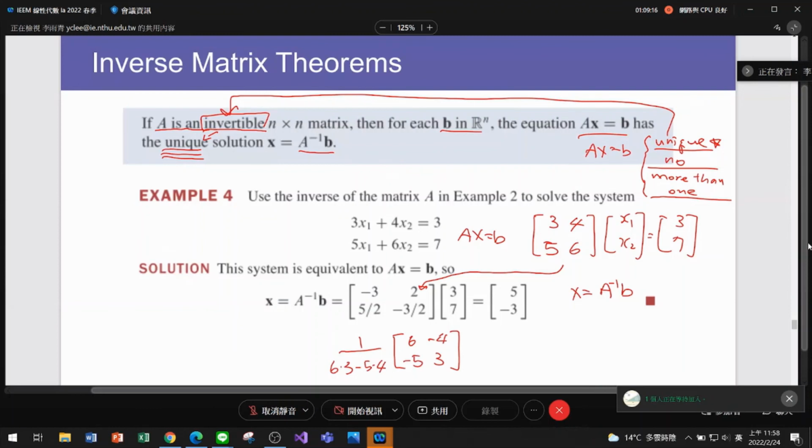So that becomes negative 2. And then the result is this one. And we can conclude that A inverse exists and the solution 5, negative 3 is unique.